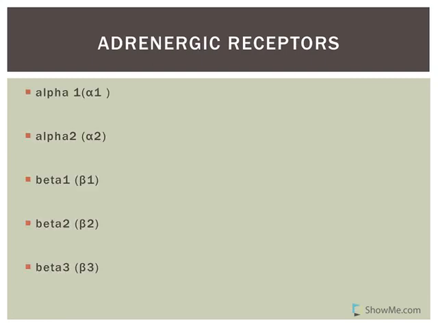Now there are multiple subtypes of receptors for epinephrine and norepinephrine, and we refer to them as adrenergic receptors. We have alpha 1, alpha 2, beta 1, beta 2, and beta 3. The reason we have different ones is that this gives you specificity. Some may be excitatory, some may be inhibitory.